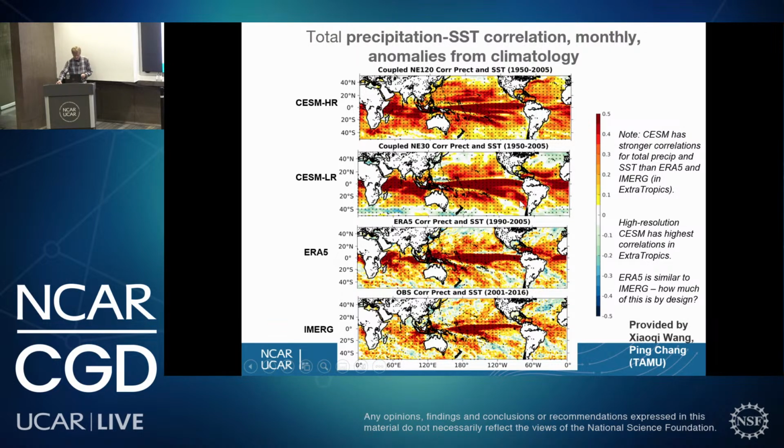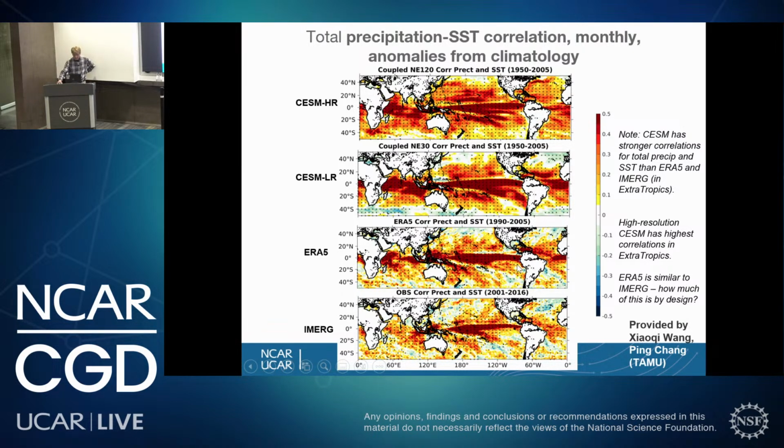Then low-resolution CSM, then ERA5, and then IMERG on the bottom. There are hints of the extratropical signals in ERA5 and IMERG, but they're much weaker. For example, here in the Southern Ocean, you get some positive correlations in ERA5 and IMERG, but it's a bit noisy and much weaker than the model.